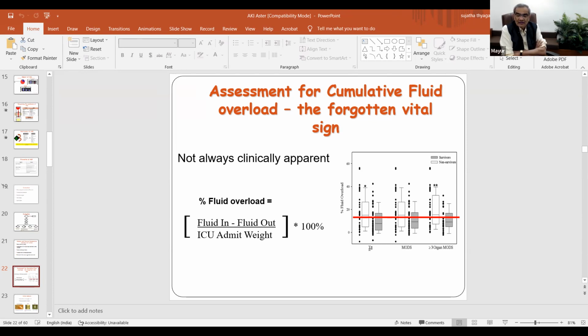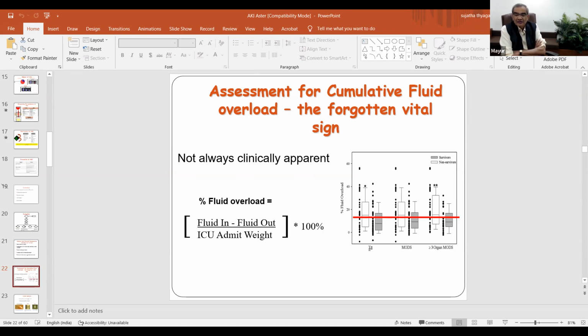So if you have a 10 kg child, you have per day maybe about 250 ml of urine output per 24 hours. But can you tell me how much fluid you have given to this child? And it may happen that this child had received 4 liters of fluid in the previous 24 hours and had put out 1 ml per kg per hour.